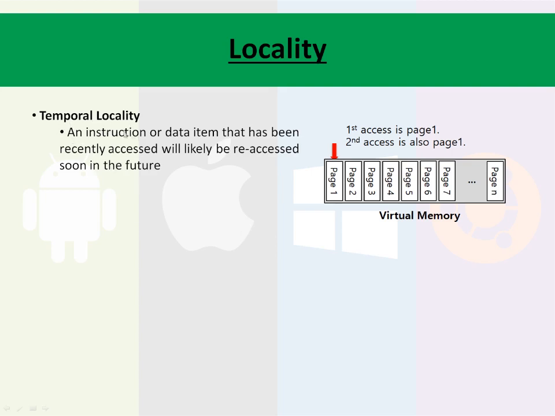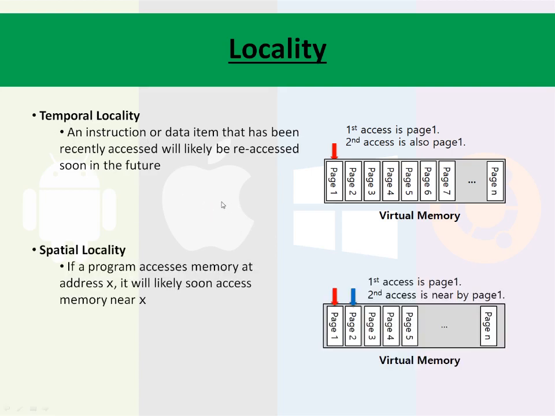That's temporal locality. Spatial locality says that if a program accesses memory at address X, it will likely soon access memory near address X. So we've only demonstrated spatial locality, but in some examples to come up later, we'll also demonstrate temporal locality.